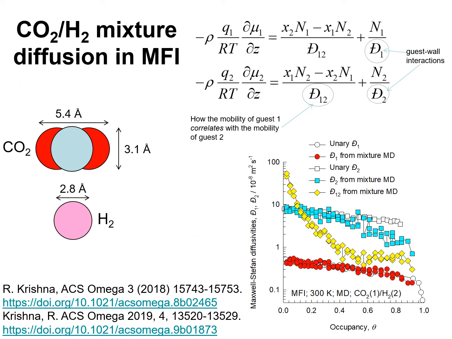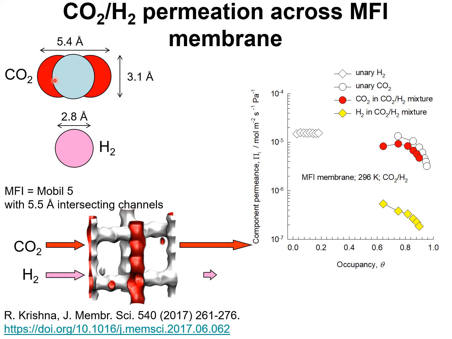Let us examine this. The MD simulation data for the Maxwell Stefan diffusivities D1, D2, and D12 for CO2 hydrogen, shown on the previous slide, helps us to understand, rationalize, and quantify experimental data on CO2 hydrogen permeation across an MFI membrane.